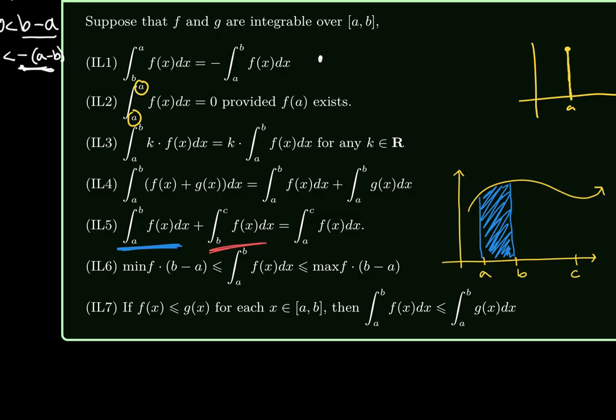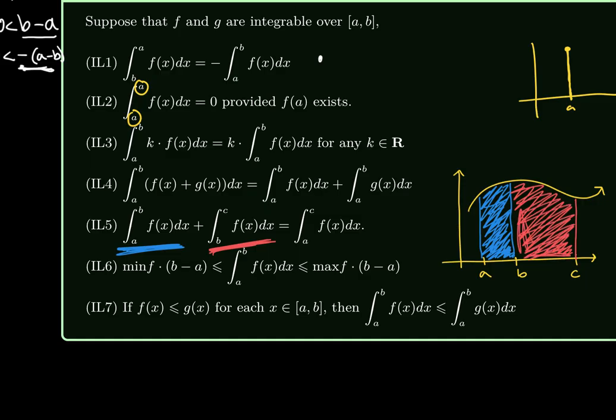This red area right here would be the area under the curve from B to C.